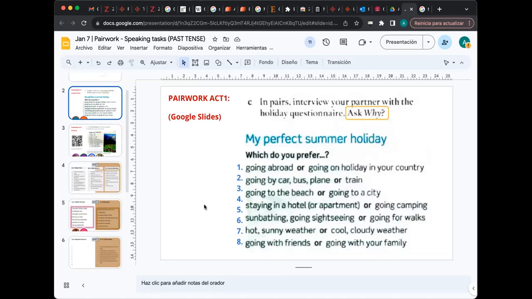I prefer going on holiday in my country because in my country I like the landscape. A ver. Un ratito. Un minuto. Repetir, por favor.